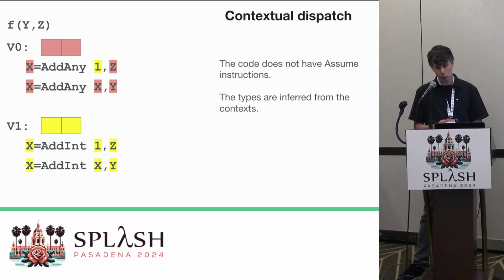One thing we could do is have multiple versions of the same function. We can compile, for example, for V0, the general case. It supports all the types, but we can also create a version for, say, the yellows. Notice in this case, we don't have any assumes, and all the optimizations are inferred from the context. So that's all we need.